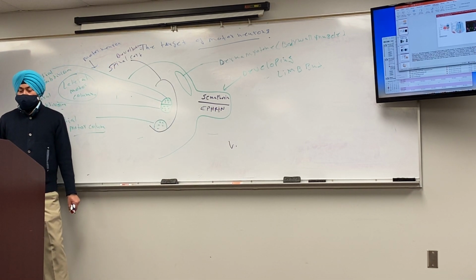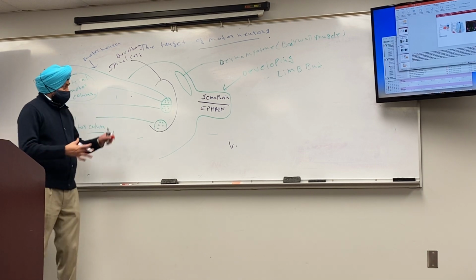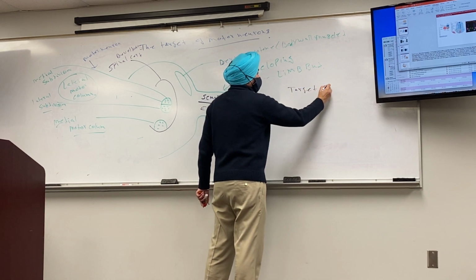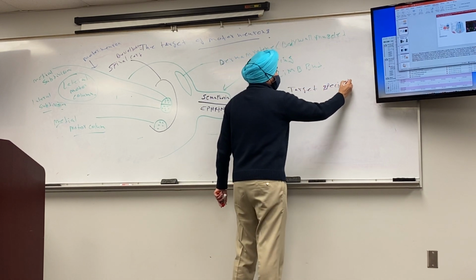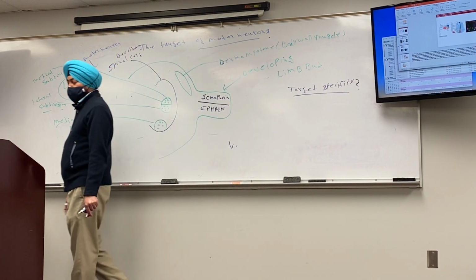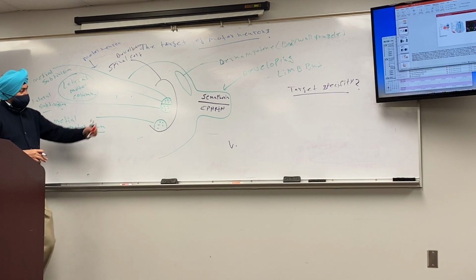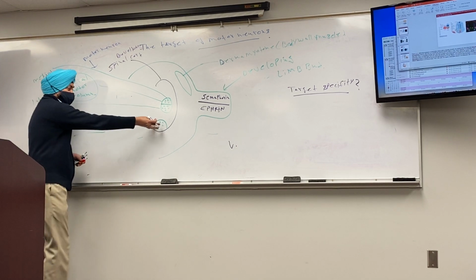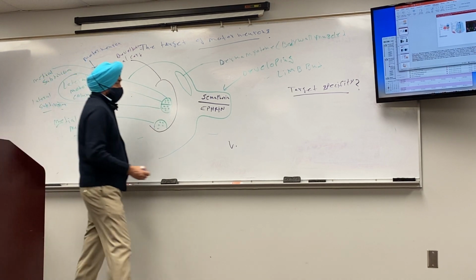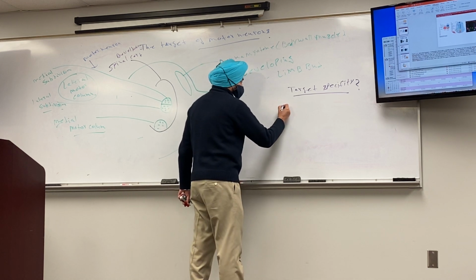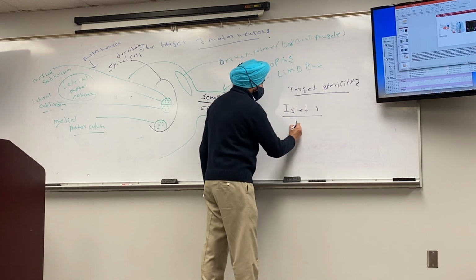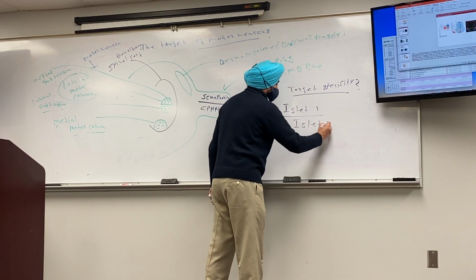Now, the target specificity, how that is determined, how they know where to go. Right in the beginning, when these neurons are formed, all of these neurons start expressing two transcription factors called Islet 1 and Islet 2.